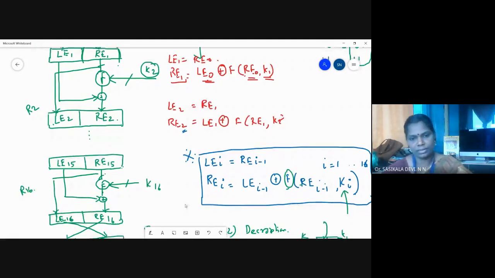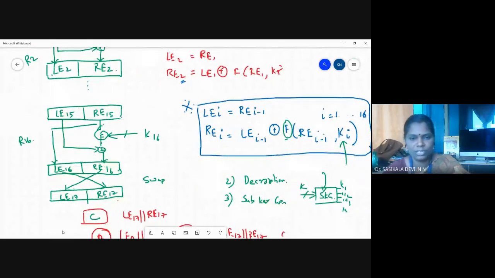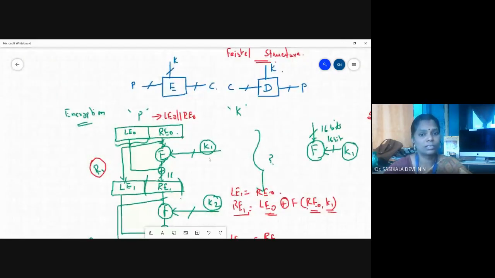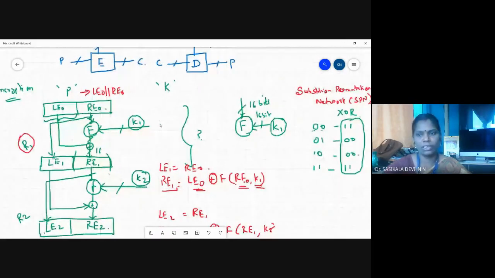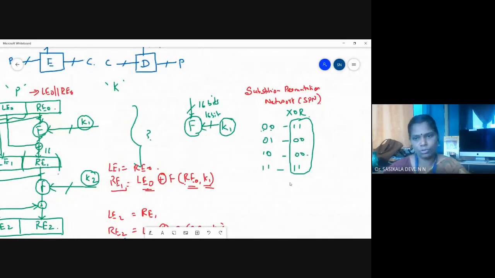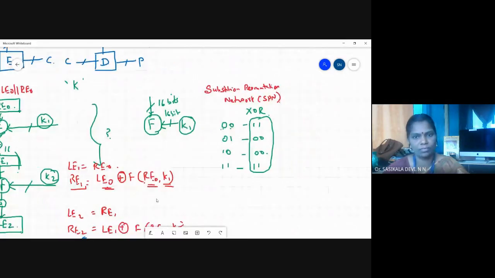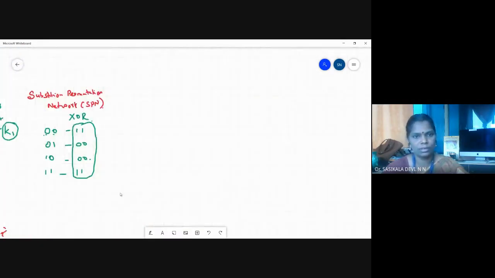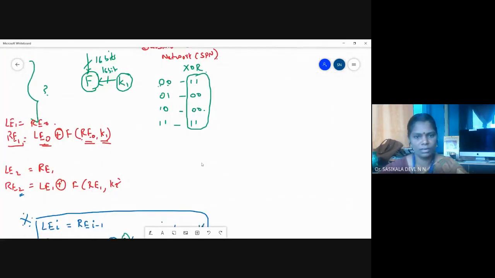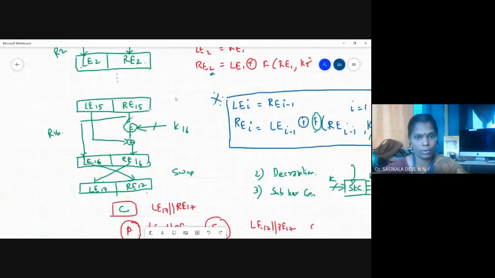Now we get into the decryption process. For decryption, LE70, RE70 will be the input, and we have to recover LE0, RE0. So decryption is a reverse process. I'm going to use the same page here because I need this diagram also. The input will be the final outcome of encryption, LE70, RE70.